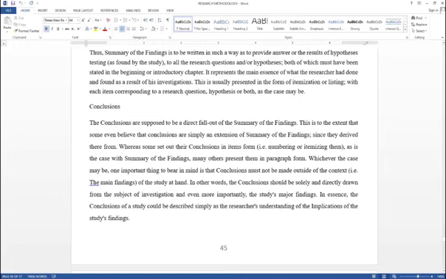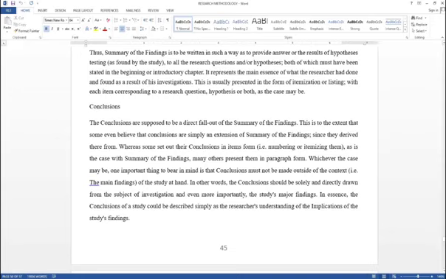This is to the extent that some even believe that conclusions are simply an extension of the summary of the findings. You derive your conclusion from your summary, so some may look at it as a kind of extension of your summary.